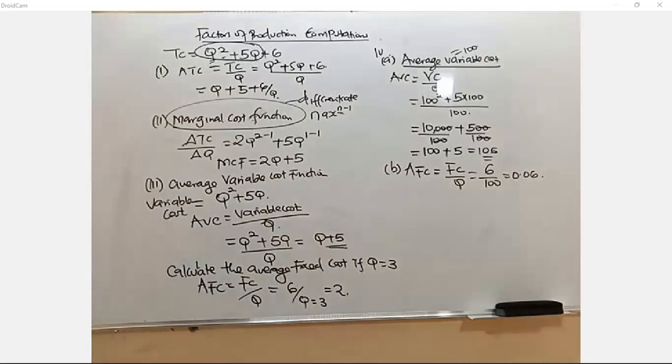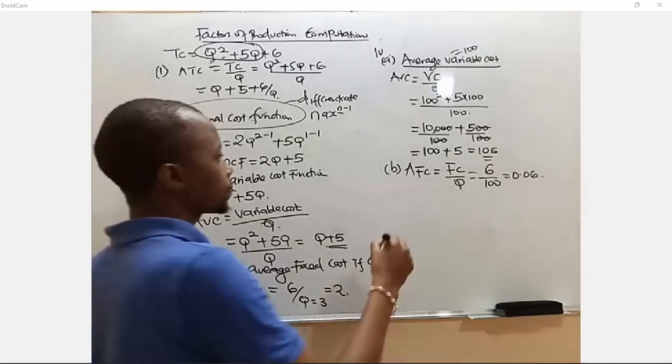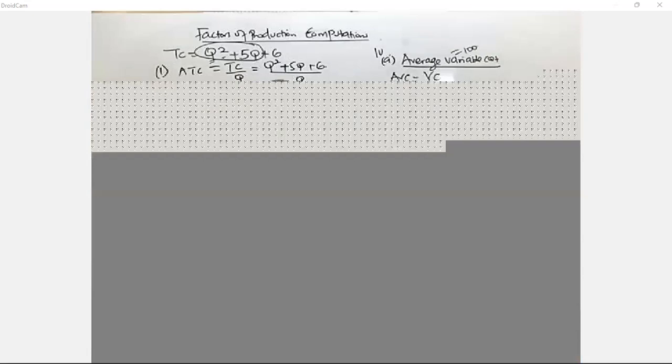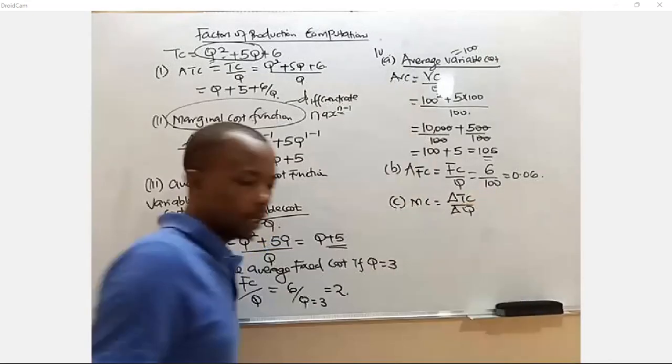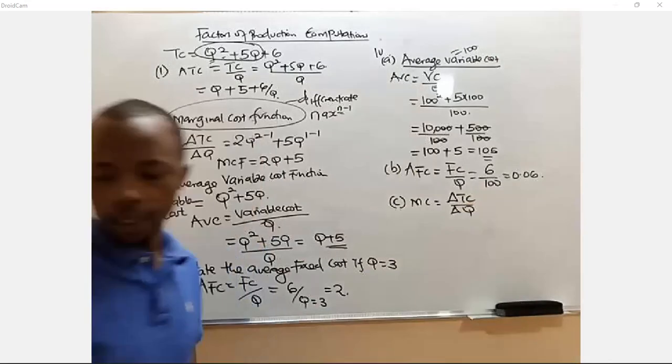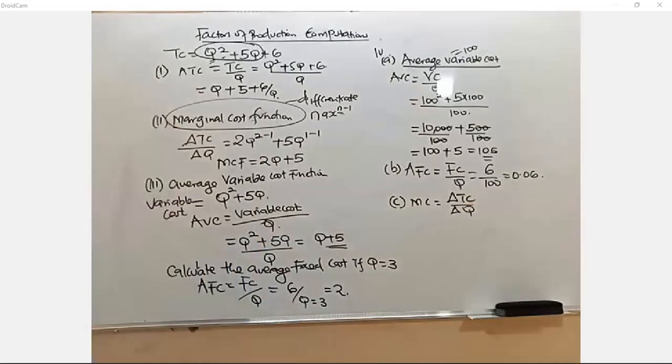Then the other one, the examiner is discussing the marginal cost, that is part C. To get our marginal cost, we take the change in the total cost over the change in Q, so we differentiate, sorry.